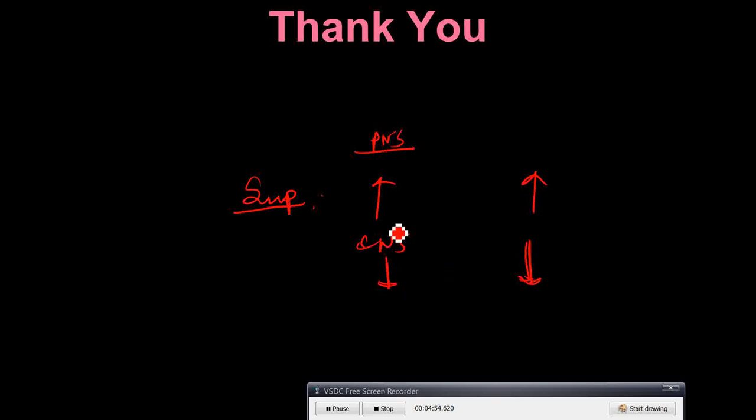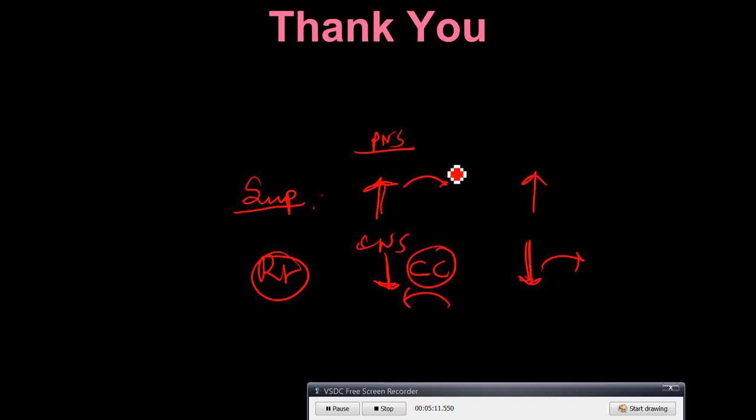So PNS is upwards and CNS correction is downwards. Whereas on the right side, the CNS is always counterclockwise, that is anti-clockwise. Left side it is clockwise. In PNS, the right side is clockwise, left side is anti-clockwise. So this is for the superior semicircular canal.